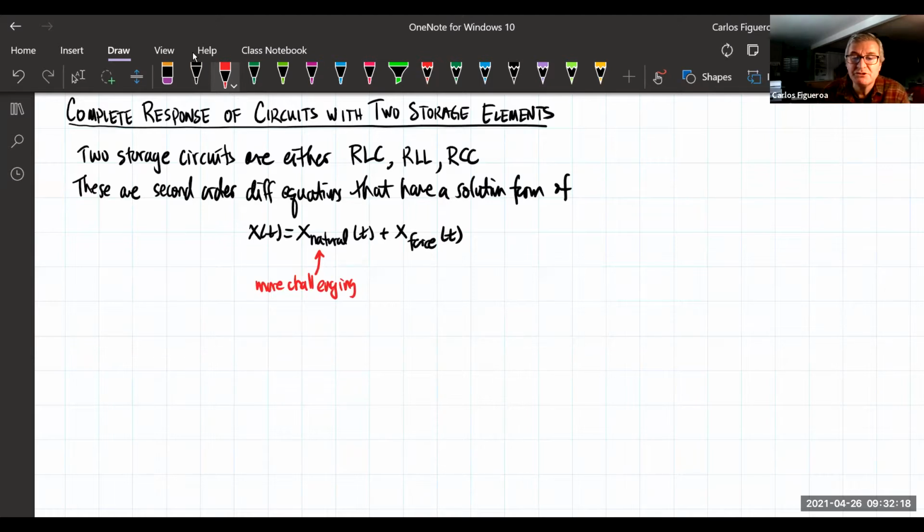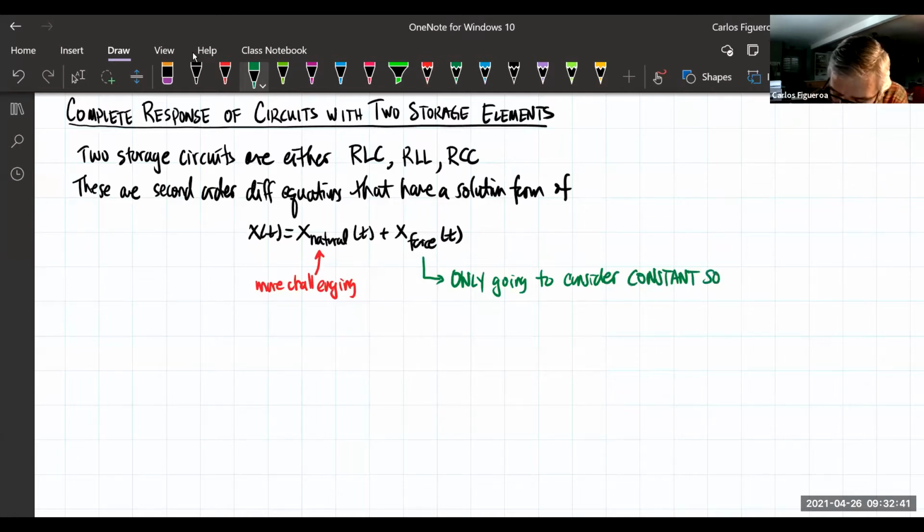And because it's more challenging, to try to make the circuits more manageable with time, I'm only going to consider constant sources. No time-dependent sources. If I was to consider a time-dependent source, these problems take a long, long time.